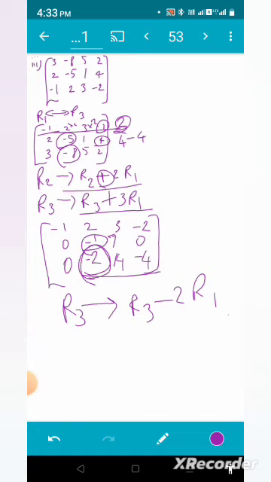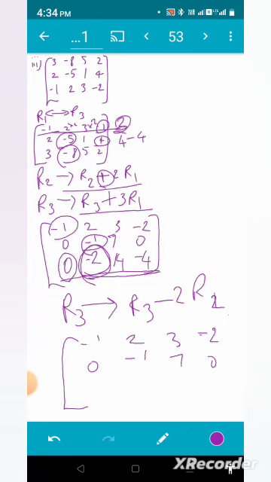So only R3 changes. 3 minus 2, 0, minus 1, 7, 0. Then R3 minus 2R1: R3 0 minus 2. Minus of minus is plus 2. 0 plus 2.